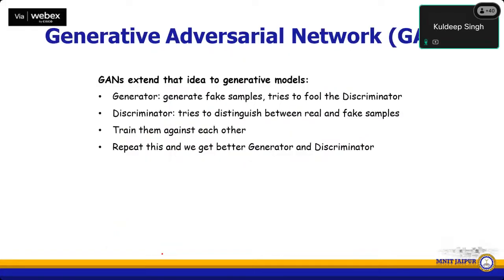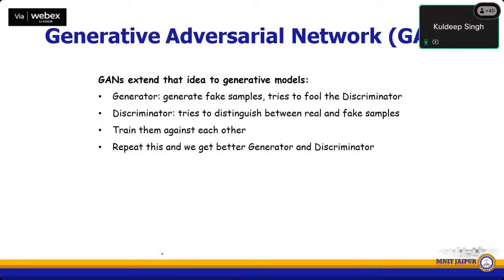Now, coming to another type of generative model, which is the generative adversarial network. The idea of the generative adversarial network is to have two separate parts, the generator and the discriminator. The generator generates fake samples and tries to fool the discriminator. The discriminator tries to distinguish between the real and fake.